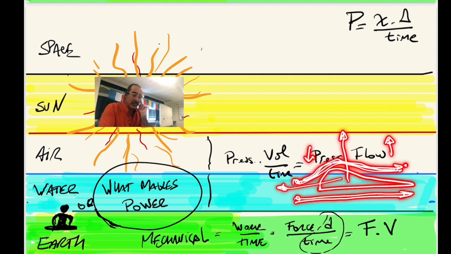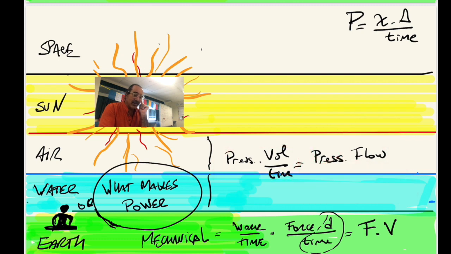And if they move faster, they lose pressure. So somehow we could explain this force, this upthrust. Why does a plane fly? It has to do with the concept of power in fluids. We can explore that later on. I don't want to go too much into the details now. We saw solar power. Solar power is directly energy coming from the sun.